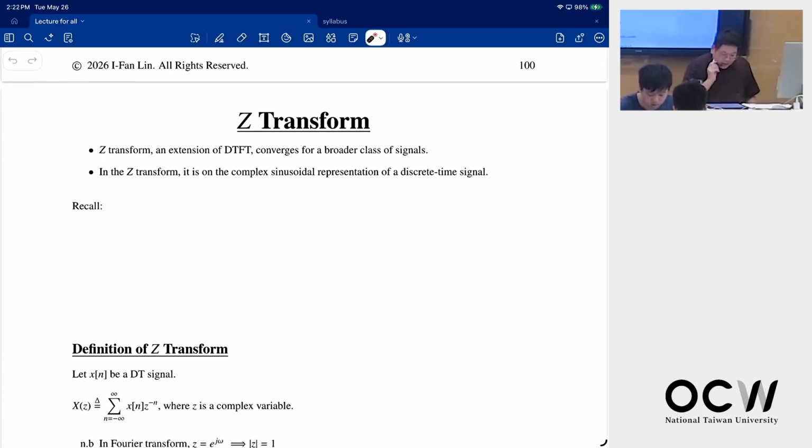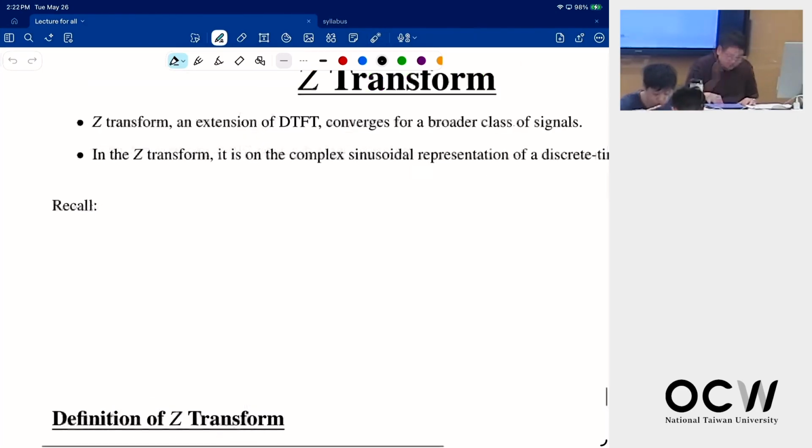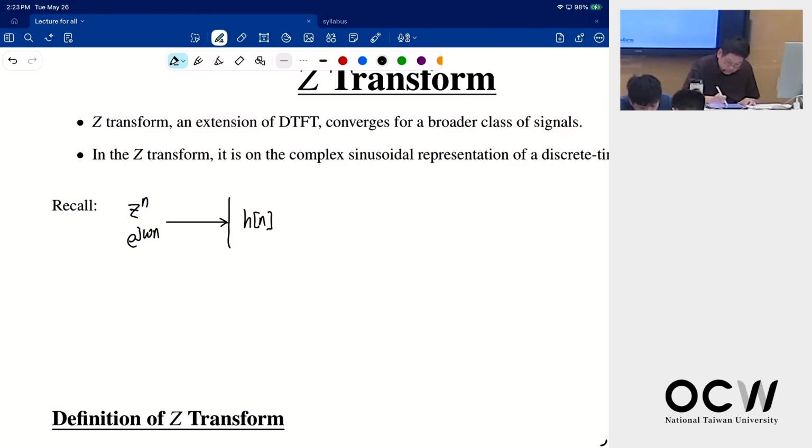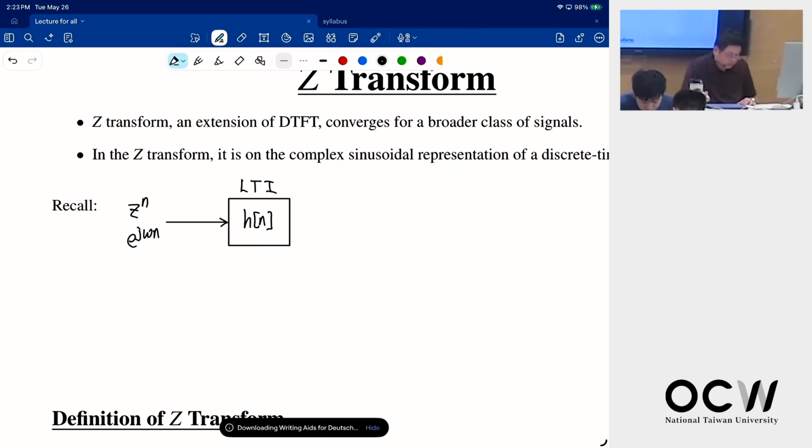And remember that for the LTI system, if I send z to the n, or this eigenfunction e to the j omega n, to the LTI system, and then what is your output?